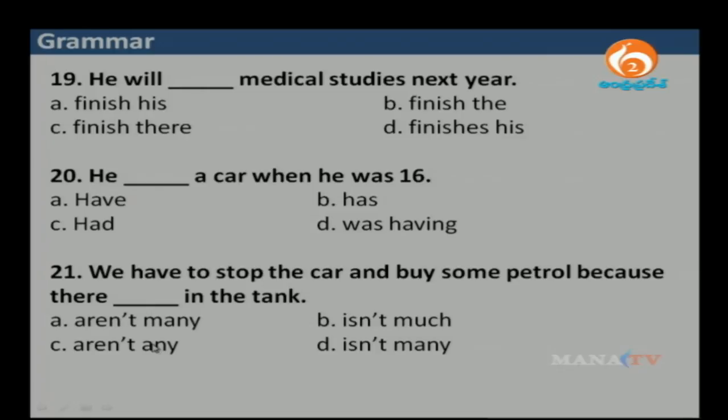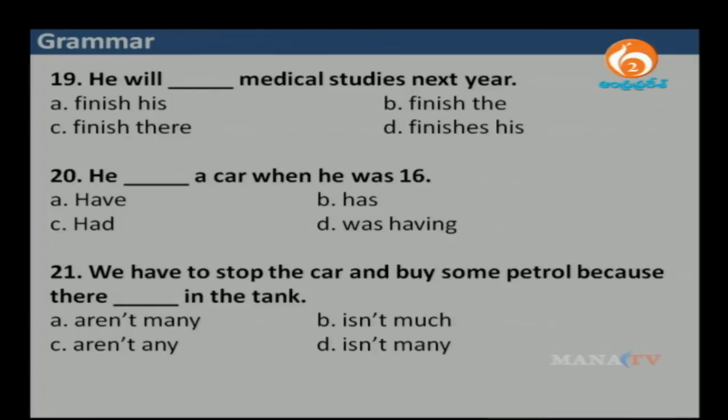Number 19, he will finish his medical studies next year. He will finish the medical studies next year. He will finish their medical studies. He will finishes his. Since it's talking about one particular person and the course that person has undertaken, 19A is the correct option.